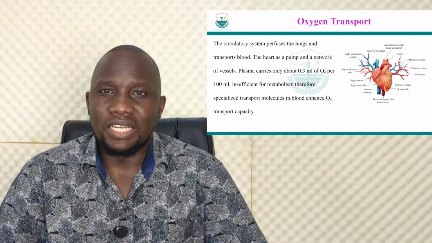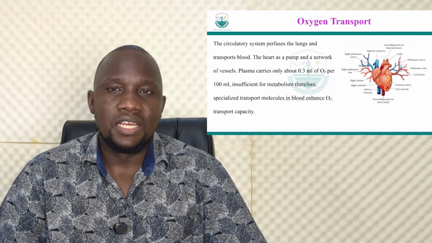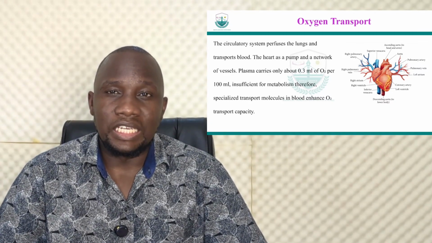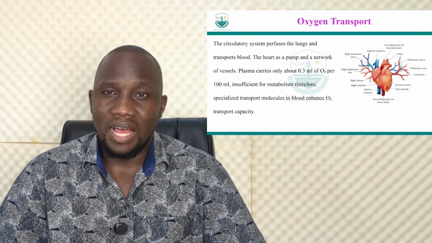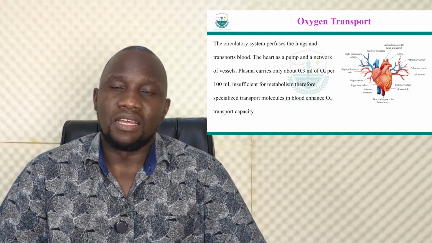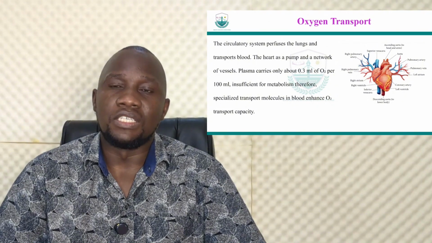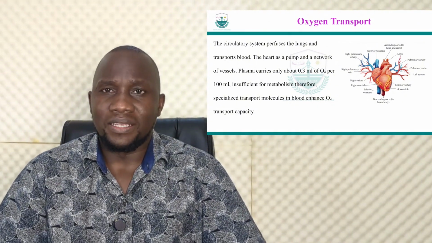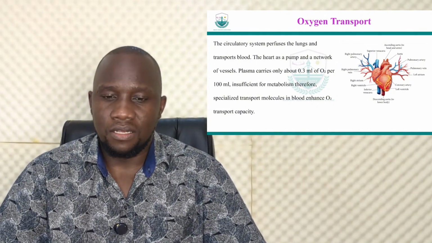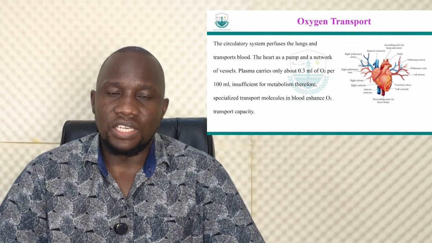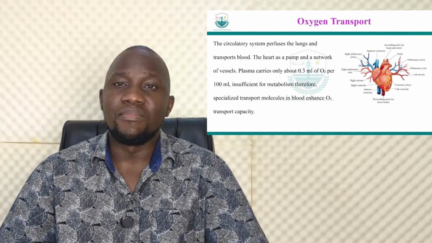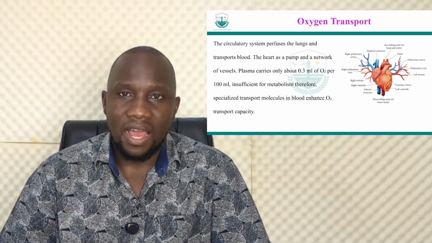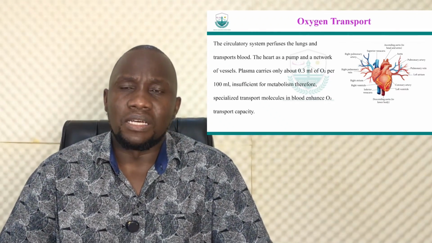But that is not to mean that you don't have some oxygen contained in the blood plasma. Actually, a percentage is dissolved in this plasma, and that is why we are saying that 0.3 mL of oxygen can be dissolved per 100 mL of blood.